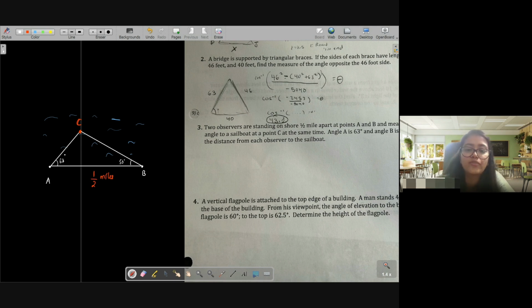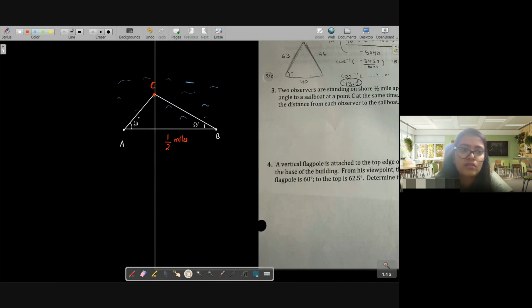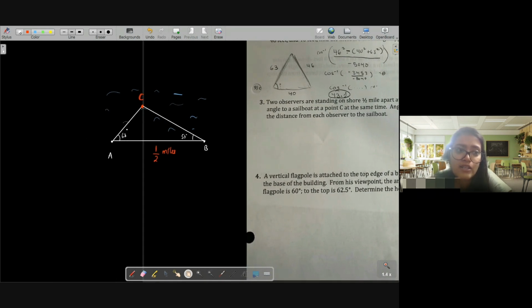So which law should we use? I think we should use, so we have two angles and then we need to find the sides. So I think we should use the law of sines. If you use law of sines, in that case, you should first find out this angle. Because if you use law of sine, let's call this side small b, small a, this is small c.